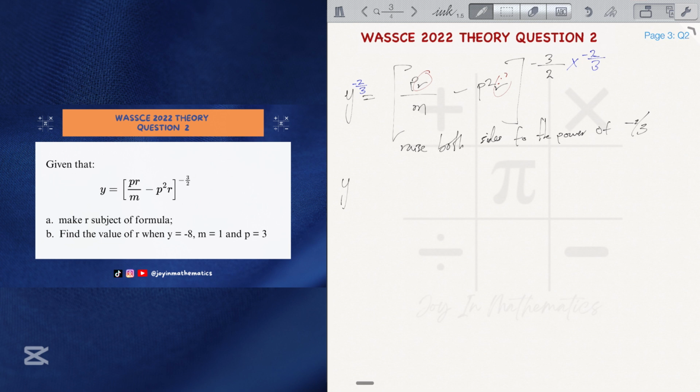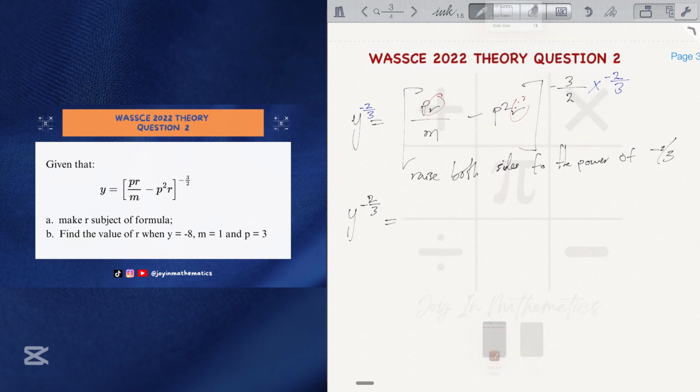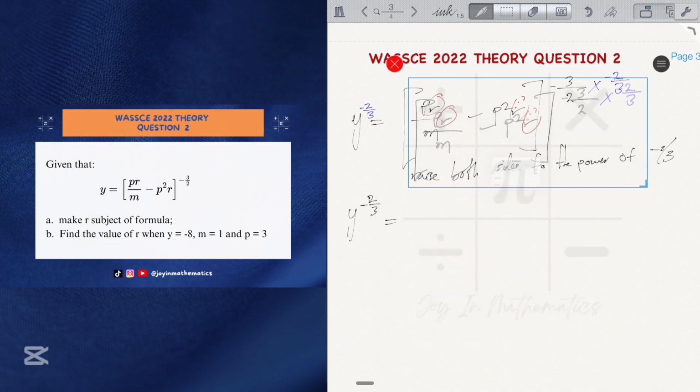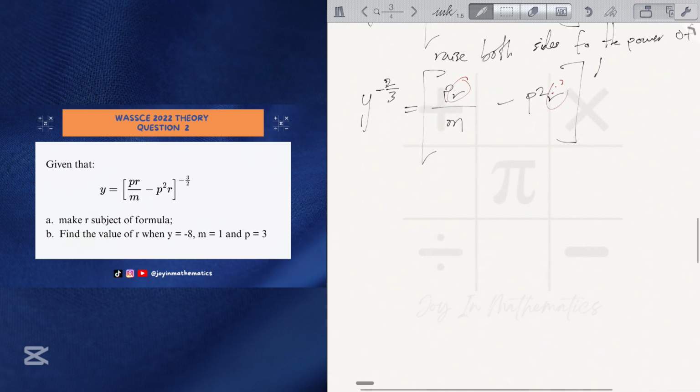That means on the left hand side we'll have y raised to the power minus 2 over 3, to be equal to PR divided by m minus p squared r, since the power on the right side will be nullified to give us 1.